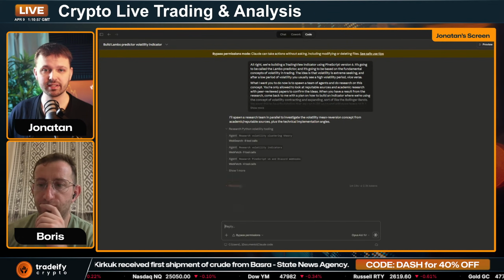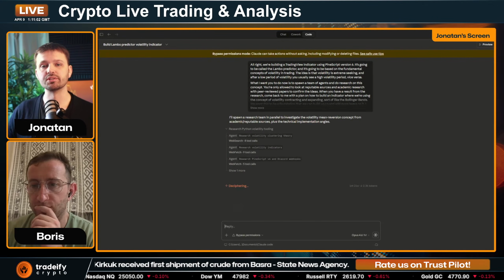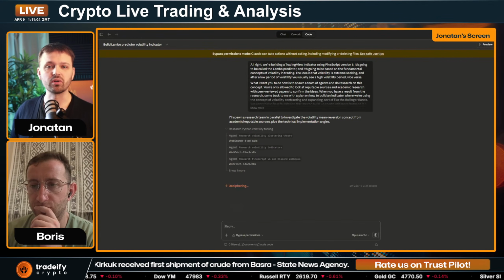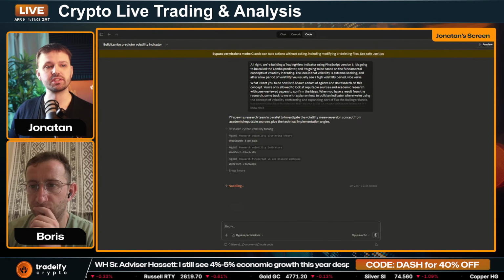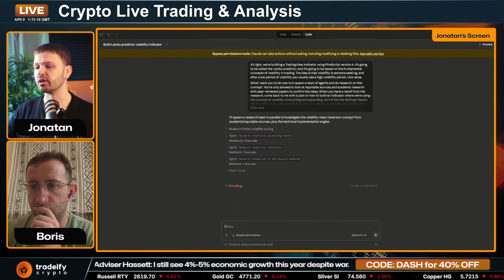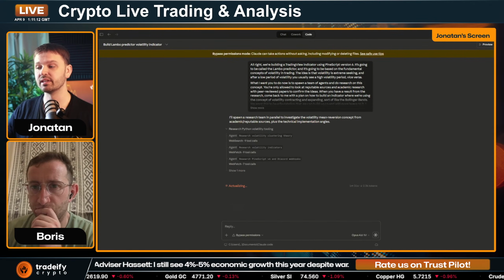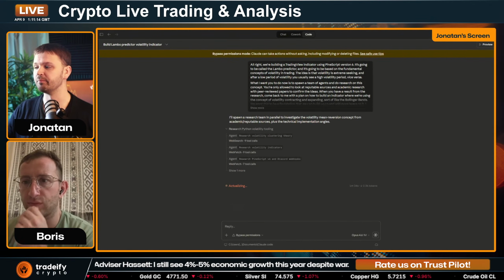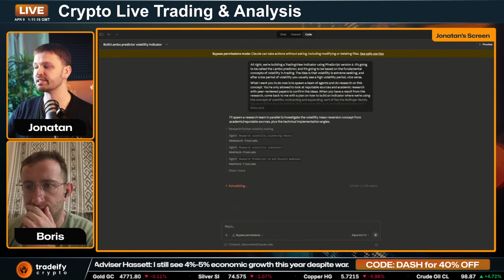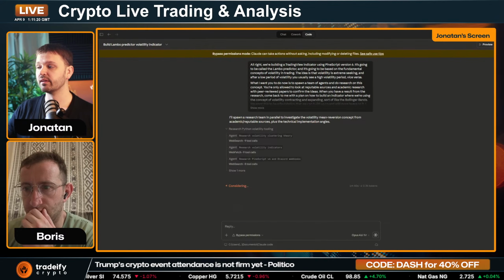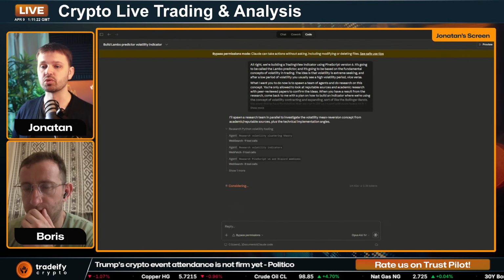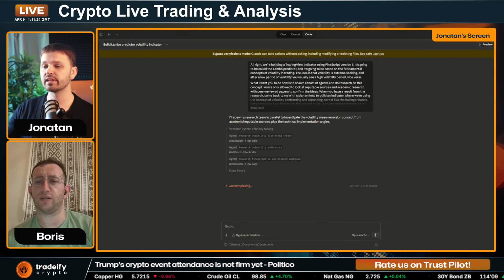Every morning it sends me alerts on what altcoins to look at, and if there are any regime changes in the market, etc. It's actually pretty cool, and it's building this out very quickly, and it usually works from the first try. You ask it to code an indicator, and then it just works.